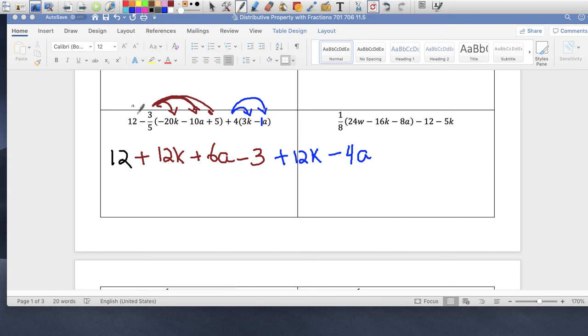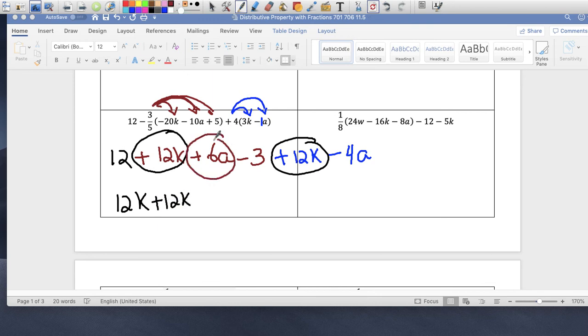Let's start with k. This guy with this guy. I put them side by side. So 12k plus 12k. And then I can combine this guy with this guy. So I get plus 6a minus 4a. And then lastly, I'll change colors.